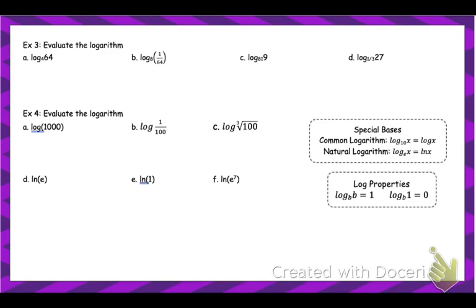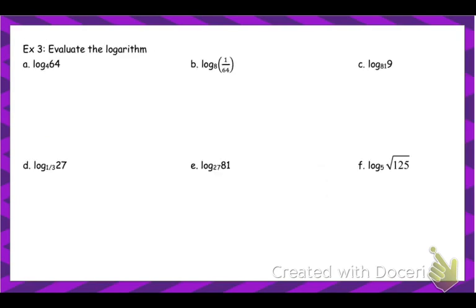All right, so let's go ahead and actually evaluate logs. So to evaluate logs, what we're really doing, think about it as this equals x. Now it's not an equation, we're just evaluating it, but really what we're trying to find is the missing exponent. So in exponential form, 4 to the something is equal to 64. So I'm trying to find that missing exponent. Well, 4 to the third power is 64.